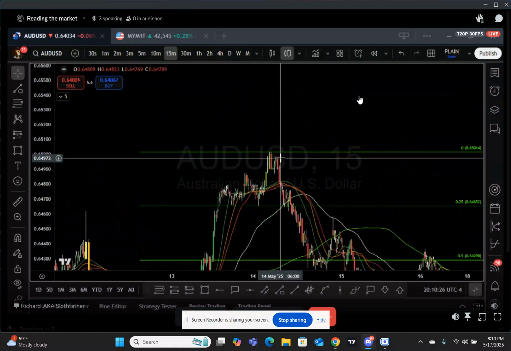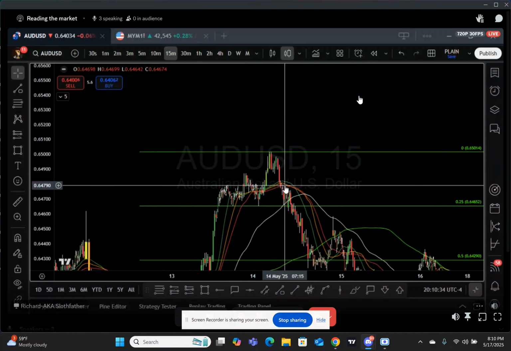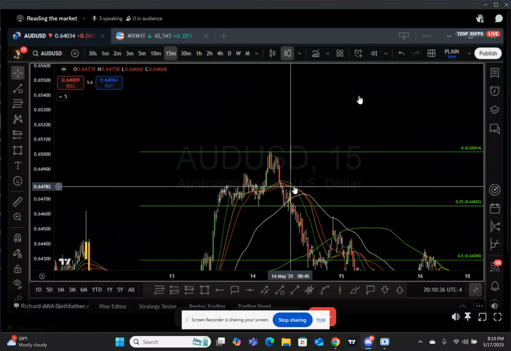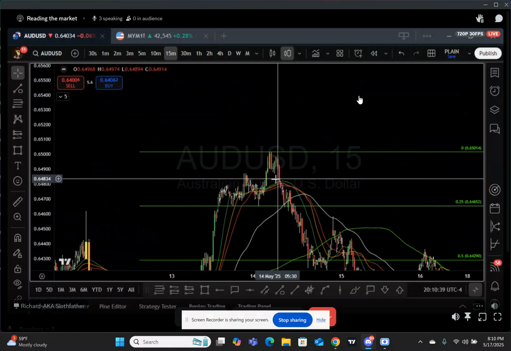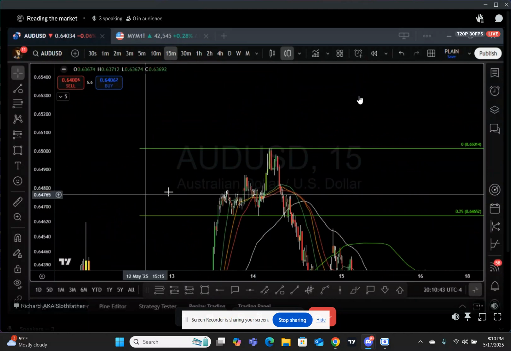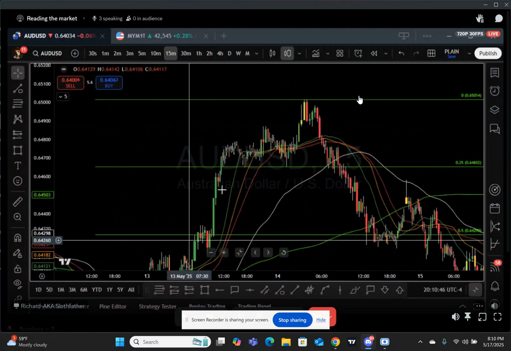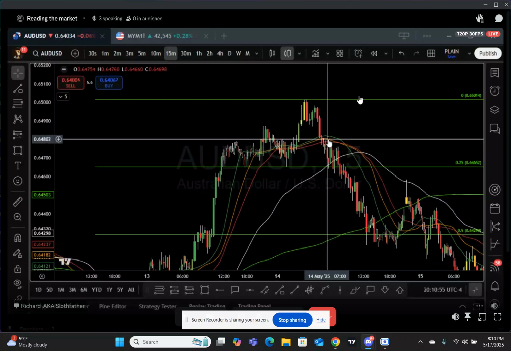It doesn't hold the 50%, but then you break the low right there. You make a fair value gap and you get back below all your SMAs that are in a tight zone, right? They're not spread out. We're not in a trend anymore. They're real tight and they get ready to break down. Your narrow state. And then you get a close below that, a push back up that can't hold it.